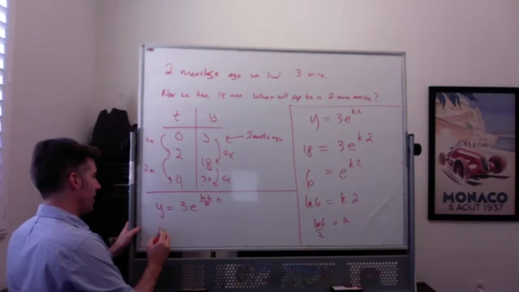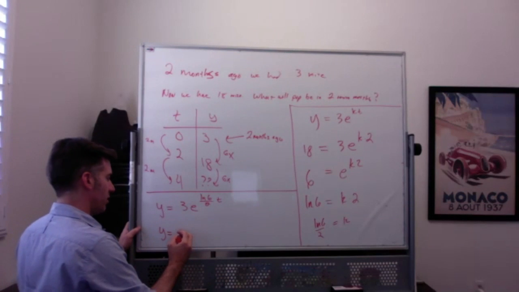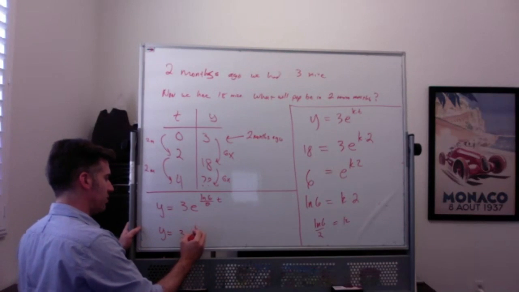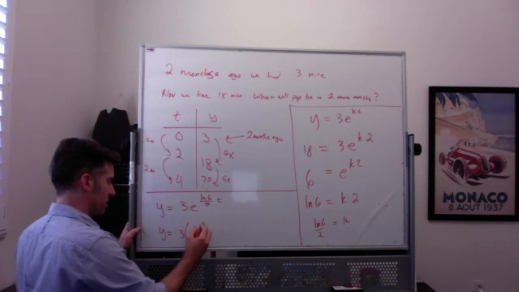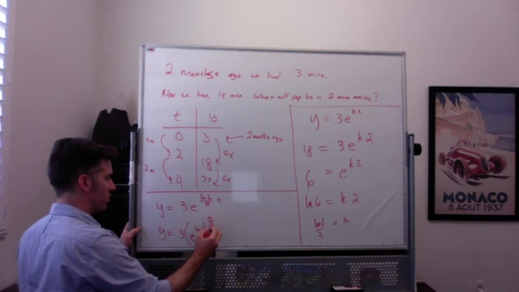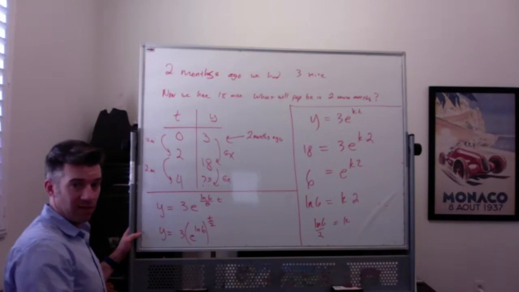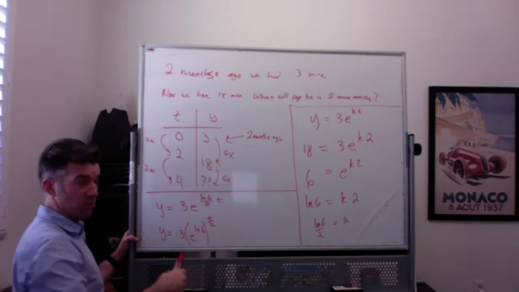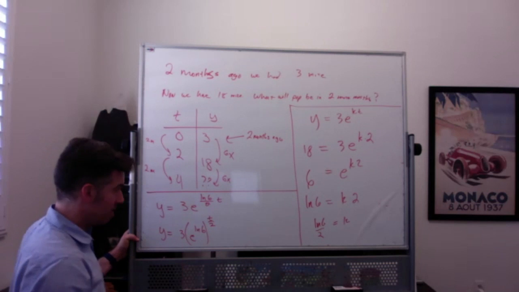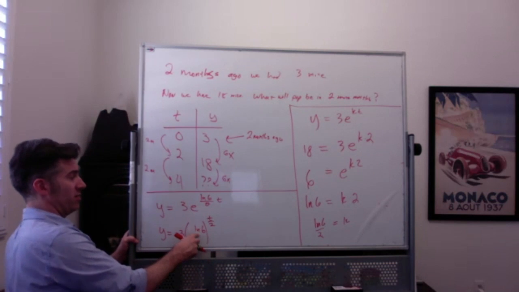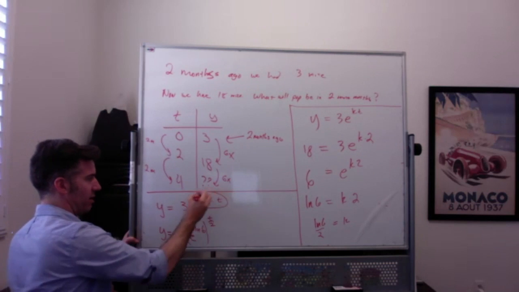You could also rewrite this as 3e to the natural log of 6 to the t over 2 power, right? When you write a power to a power, you would multiply the powers. So this power would be natural log of 6 times t over 2, which is exactly what we have here.